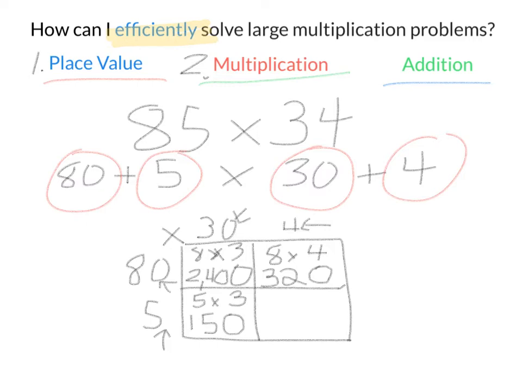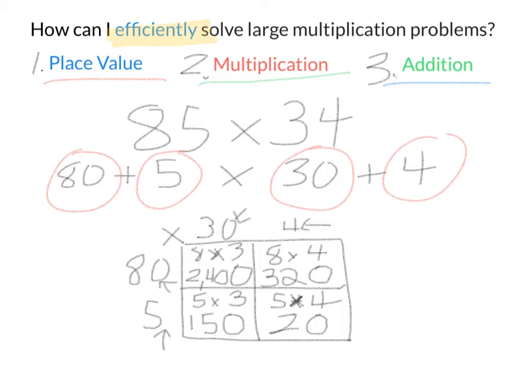Remember, that's the same as 5 times 3 tens. And now I simply have 5 times 4. And I don't have to do any kind of magic tricks with that. I just write the answer down. And I have taken care of step 2, and I am ready to move on to step 3, addition.